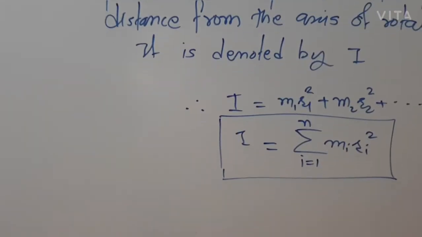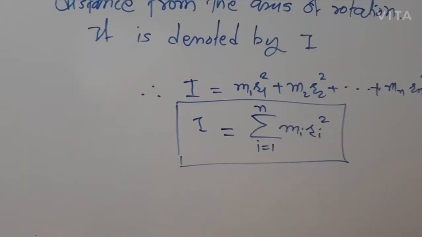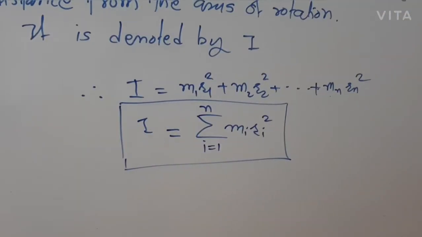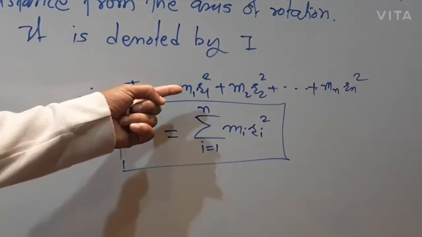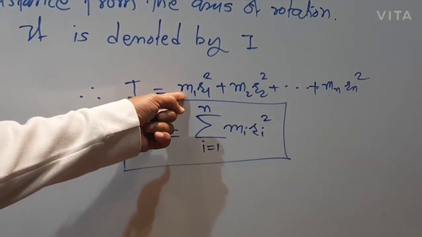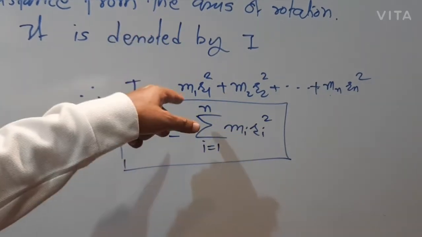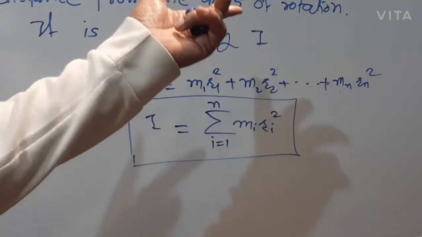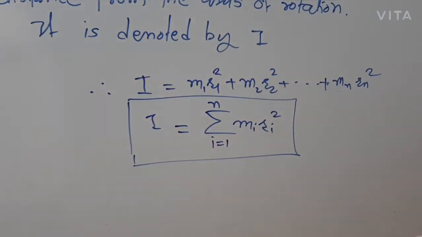And this is for a discrete distribution of mass. The first mass is, say, 1 kg, the second is 2.3 kg, any.